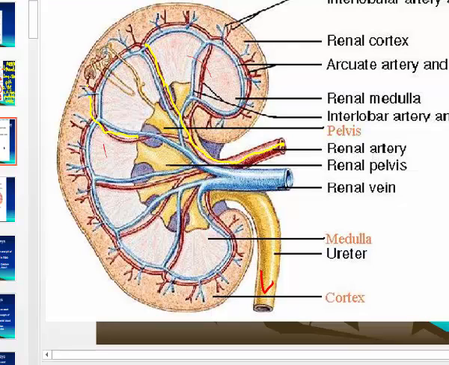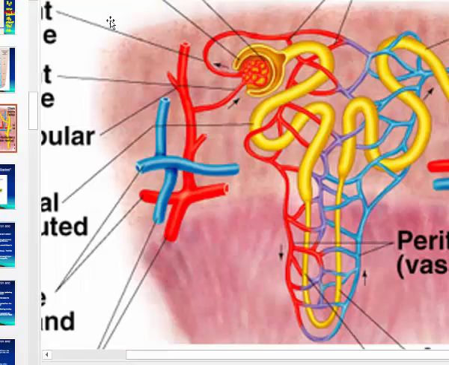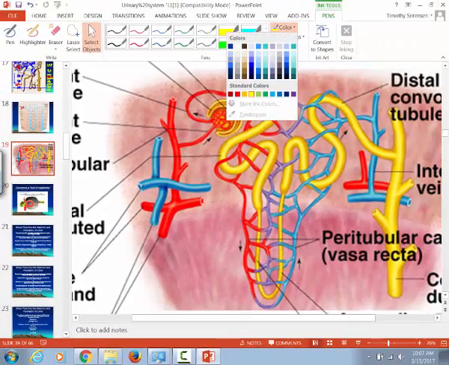Are you following this? Until it reaches the beginning of the nephron. And here's your little nephron right here. So this is where the rubber meets the road, ladies and gentlemen.